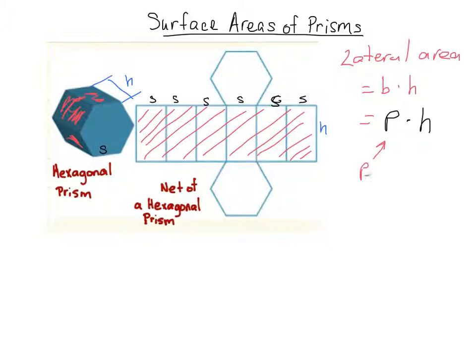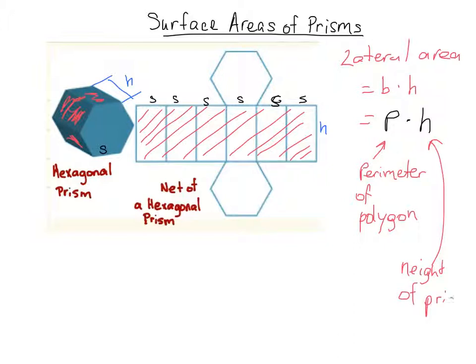I'll write that down because that's super important: the perimeter of the polygon times the height of the prism. That's how you find the lateral area.